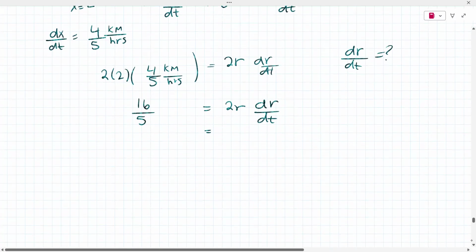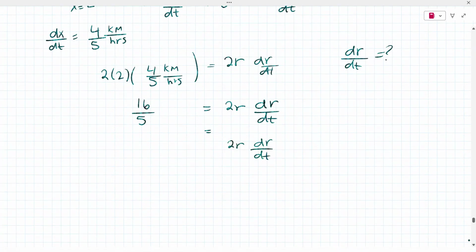So I'm going to solve for dr/dt by getting rid of this 2r.